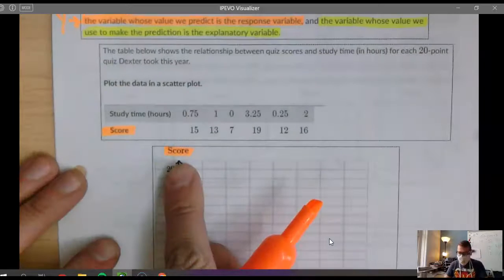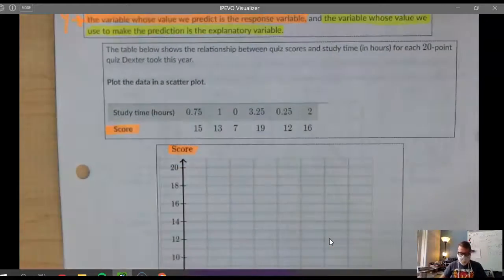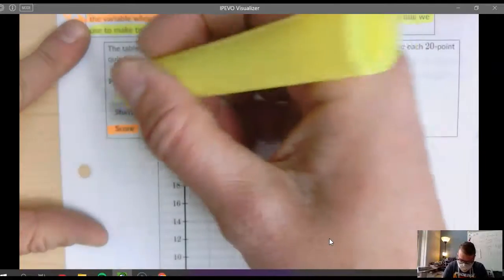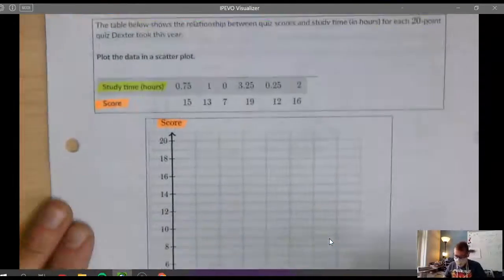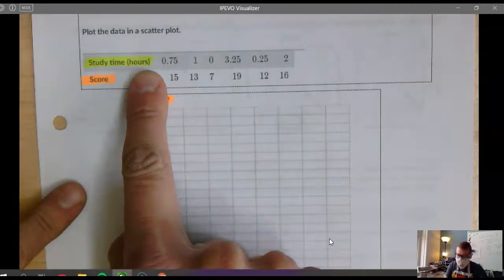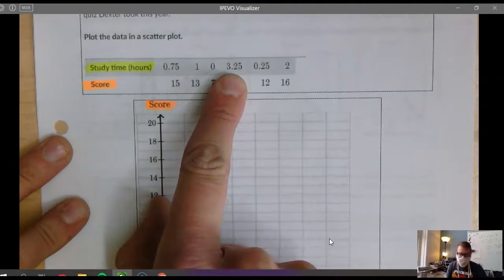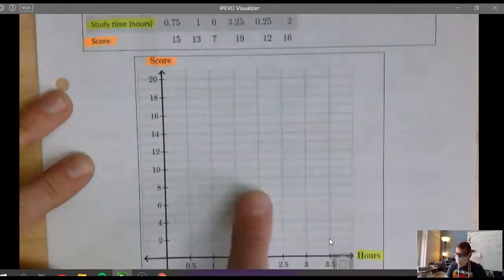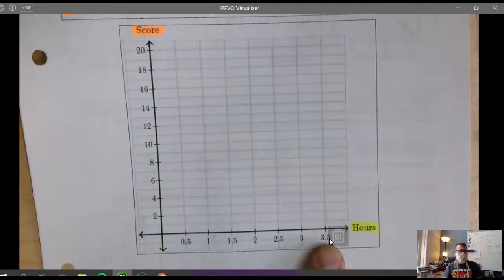So our response variable is our score, meaning the explanatory variable is study time. Notice this data for study time, what's the highest value? 3.25. How far do we make our graph go up? Just above that. We just barely want to go past the highest value.